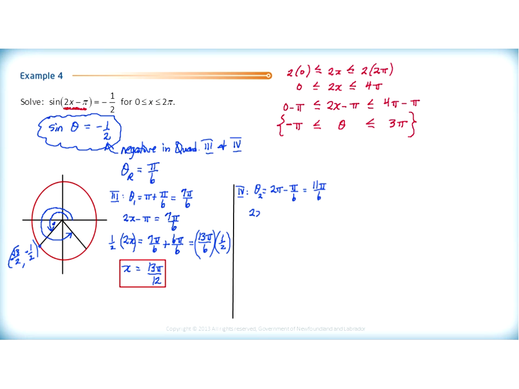Replacing theta with 2x minus pi will equal 11 pi/6. So now we need to add pi to both sides of the equation. So we have 11 pi/6 plus 6 pi/6, which results in 17 pi/6. Multiplying both sides by 1/2, we will get x is equal to 17 pi/12 as another solution for this equation.